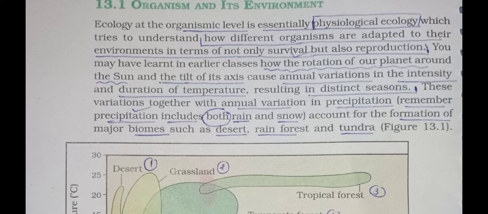You may have learned in earlier classes how the rotation of our planet around the sun and the tilt of its axis cause annual variation in the intensity and duration of temperature, resulting in the distinct seasons. This variation together with annual variation in precipitation, remember precipitation is equal to rain plus snow both, account for formation of major biomes like desert, rainforest and tundra.